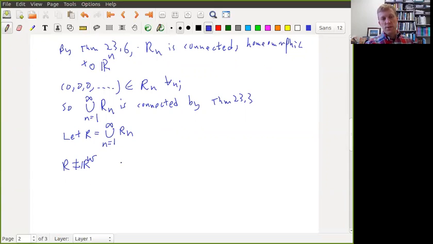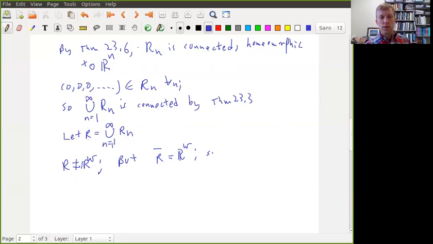So if you have the sequence of all ones, for example, that's not going to be in R because it's not in Rn for any n. So R is not equal to R omega, but we can show that the closure of R equals R omega. And since R is connected, its closure will be connected by theorem 23.4.